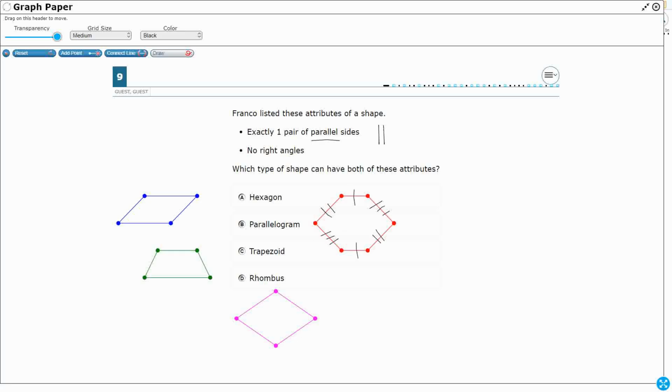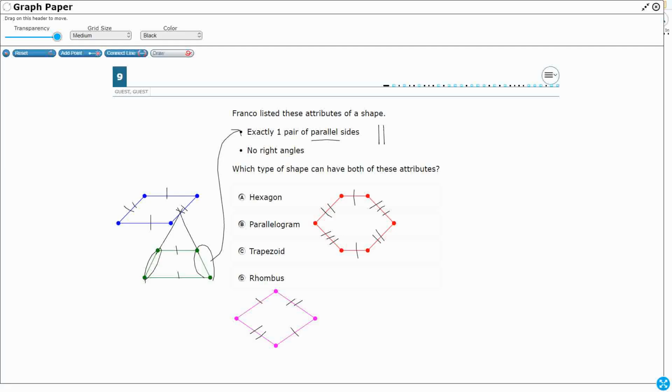So that's not going to work. On my rhombus, I've got two sets of parallel sides. Parallelogram, I've got two sets of parallel sides. But on my trapezoid here, I have just one set of parallel sides. These two are not, because if you extend them, they would intersect. Okay, so my trapezoid works for this one.